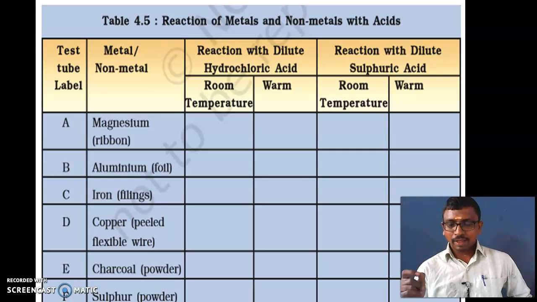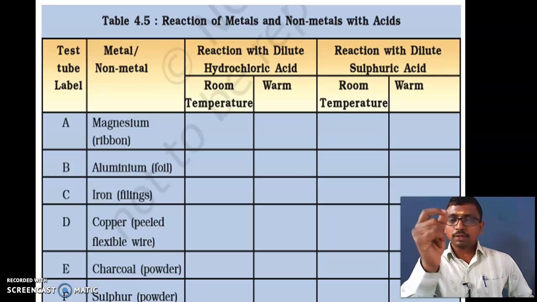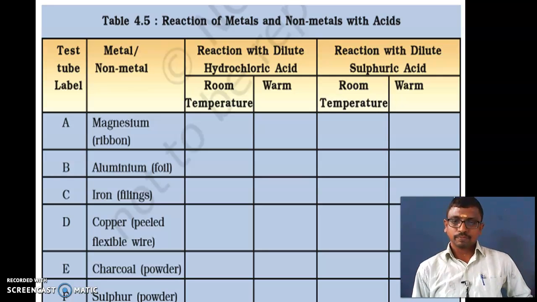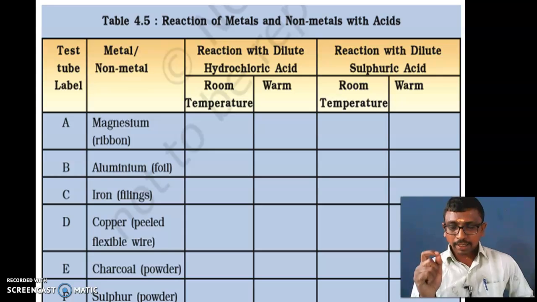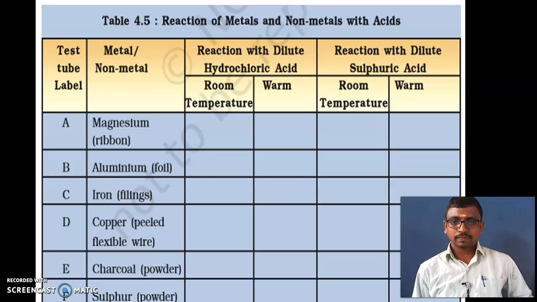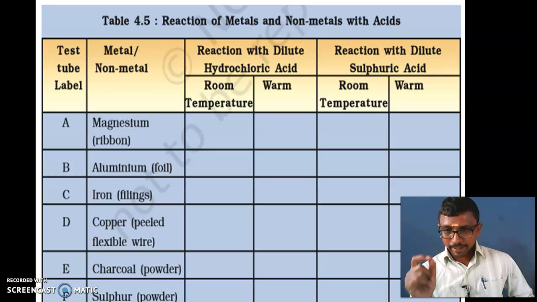When we take a burning matchstick and keep it at the mouth of the test tube, a pop sound will be produced. The pop sound indicates that hydrogen gas is present.